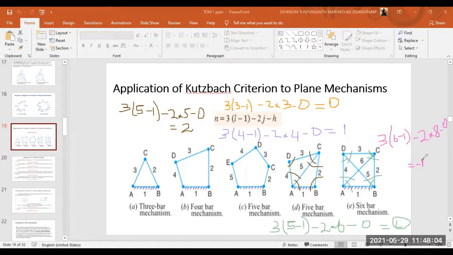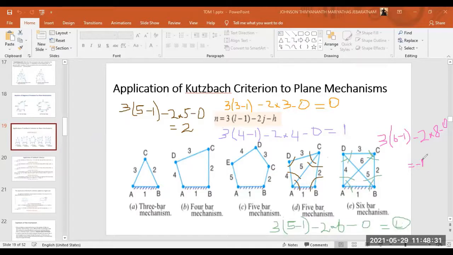So there is a comment regarding this. If it is 1, then there is 1 degree of freedom. If it is 2, then 2 degrees of freedom. If it is 0, then there is no degree of freedom, it won't move. How about minus 1? Here we will not have a negative output.